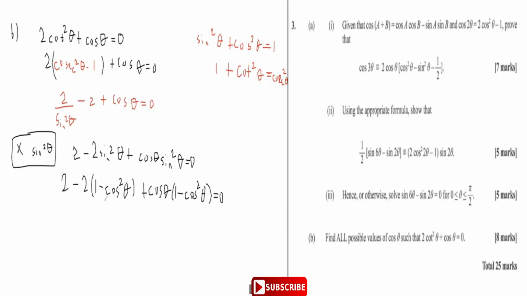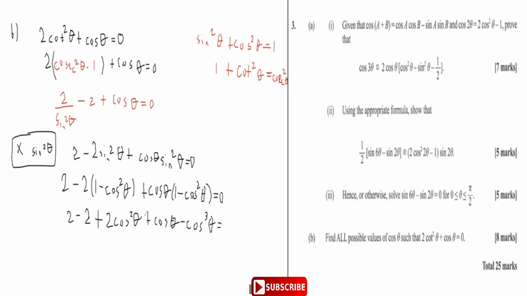When you expand it, you're going to get 2 minus 2, and minus and minus become plus, so you get plus 2 cos squared theta plus cos theta, and cos times minus cos squared is minus cos cubed theta, that's equal to 0.